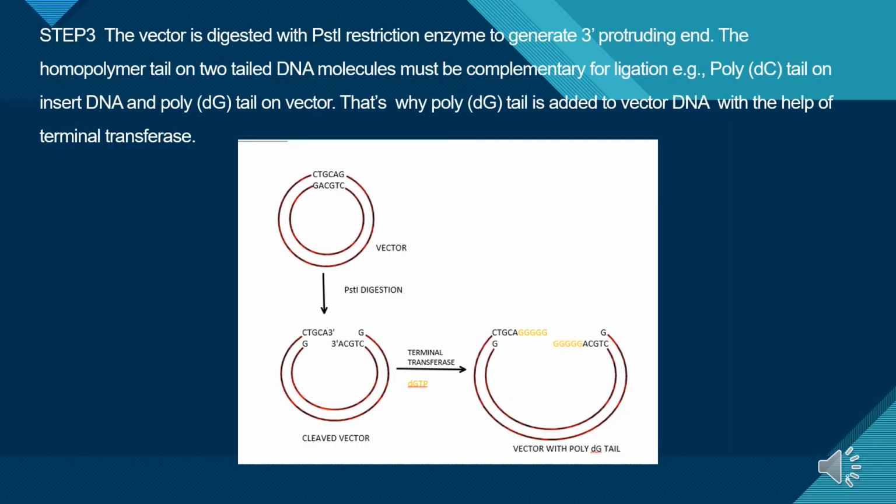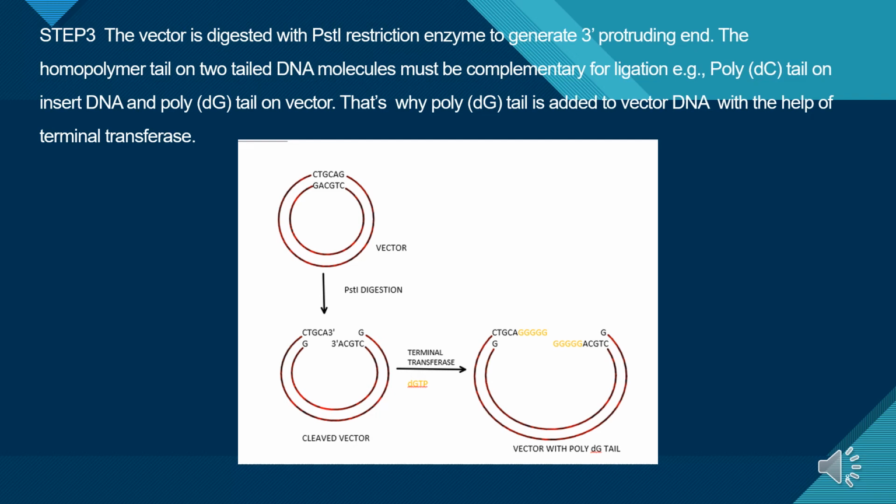Now, in step 3, we have to ligate this insert DNA with poly-dC tail into a vector. As we know that there is complementary base pairing between C and G, we have to add a poly-dG tail to the vector. For tail addition, first of all, we have to generate a 3' protruding end.